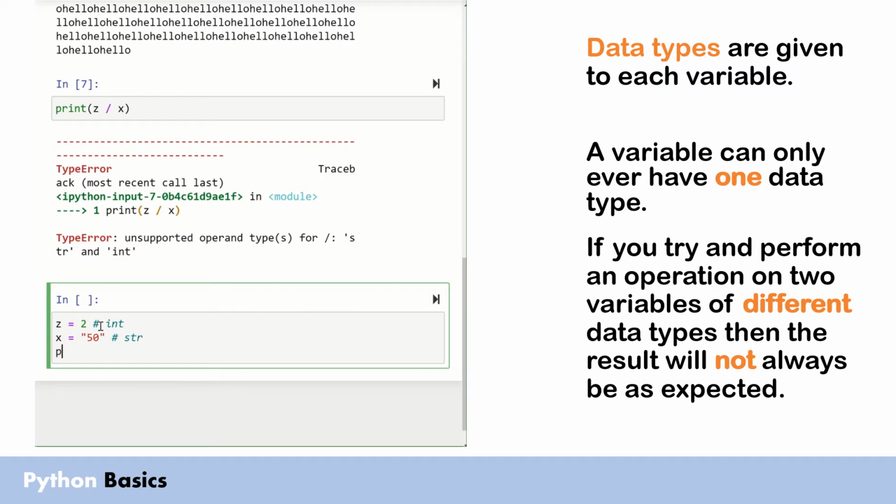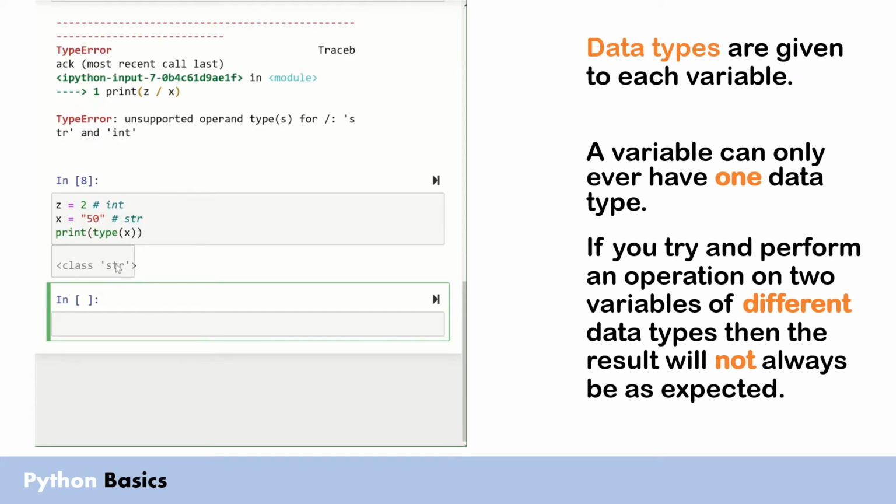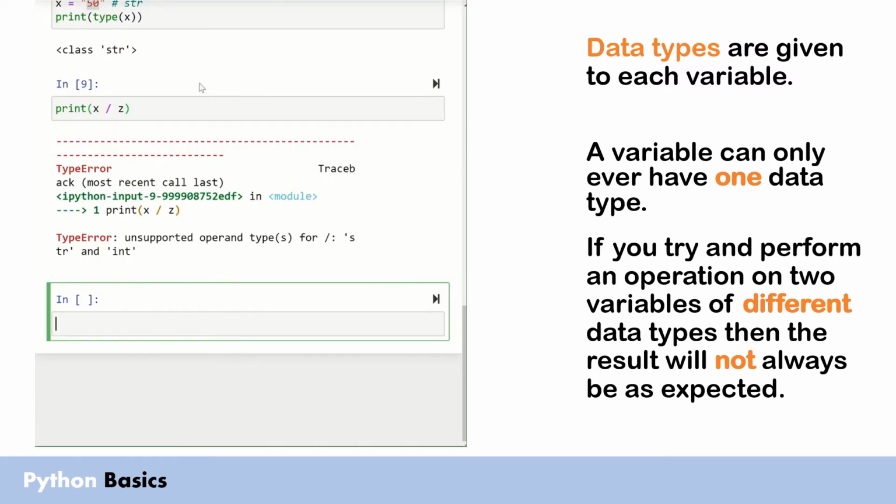We can see that if I go print type x. If I run that code now, what we should see is str. So even though it got a number inside the string, it's still a string. So if I try and do this, print x divided by z, and run that, you can see it still gives me that error message.